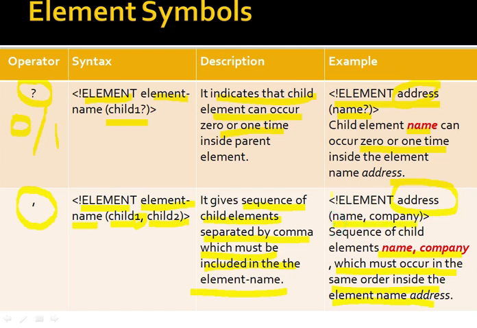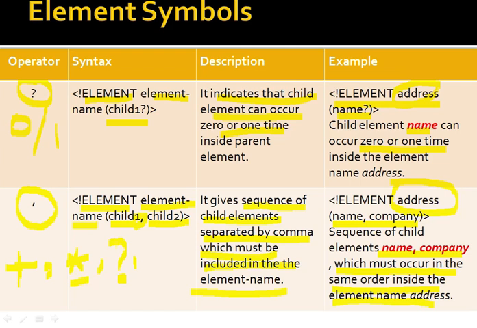So these are the 4 symbols that we can use in DTD elements. You can have plus, you can have the asterisk symbol, you can have a question mark, and you can have the comma. Plus indicates the child element can occur 1 or more times inside the parent element, and asterisk indicates the child element can occur 0 or more times.